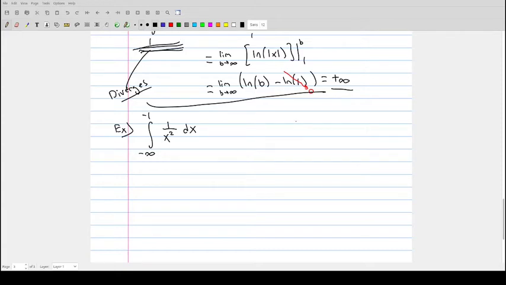This corresponds to the improper integral of the function 1 over x squared, which looks like this, from negative infinity up to this point right here.